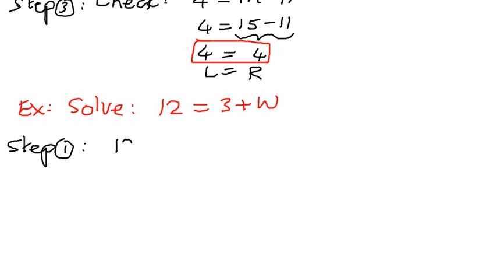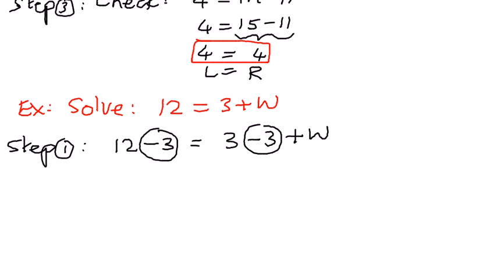So 12 minus 3, that is the value we're introducing, is equal to positive 3 minus 3 plus w. I'm putting a circle around the number we are introducing. That way we know those are the numbers which are going to simplify this process.